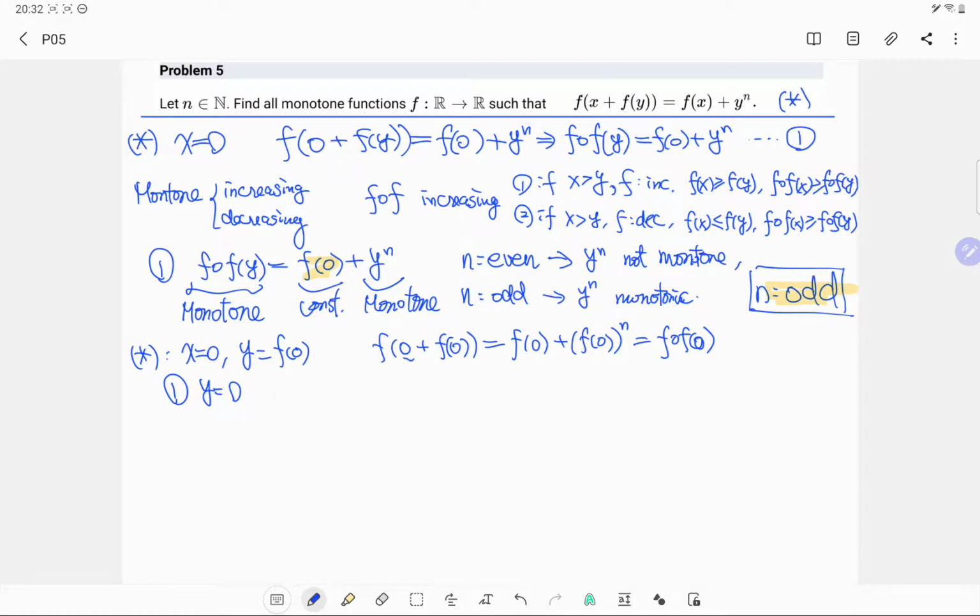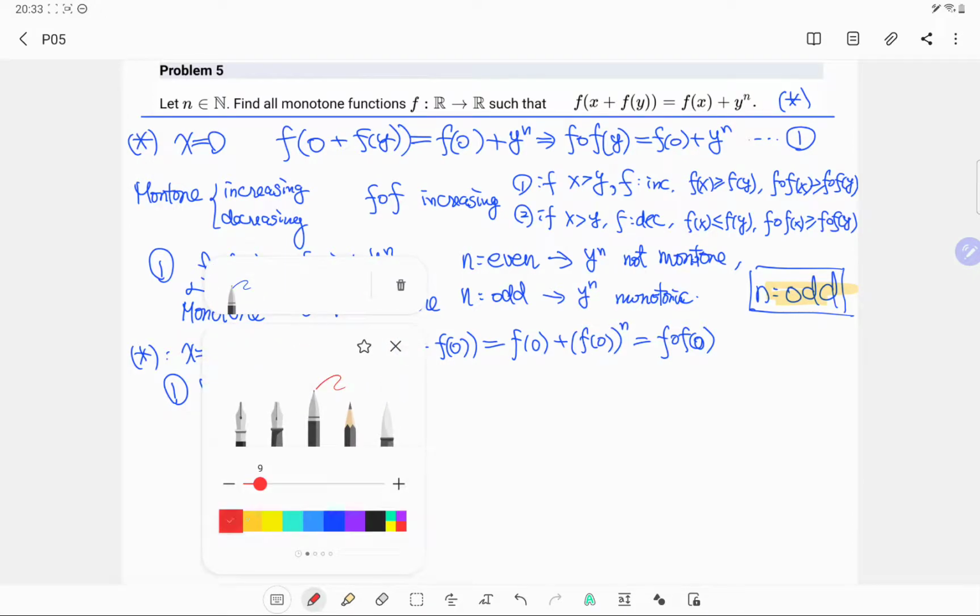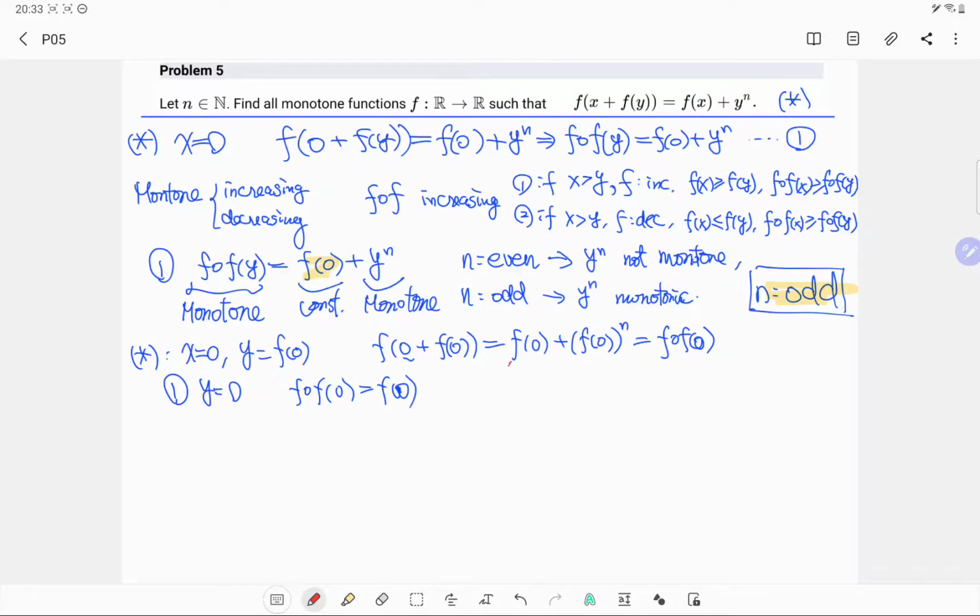So we will have f(0) equals f(0) plus 0 to the nth power, which is 0. So we eliminate this term and this term because they are equal to each other. In this case, we have f(0) to the nth power, which is 0. So f(0) equals 0.